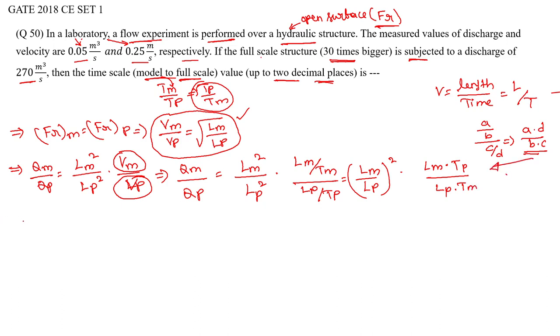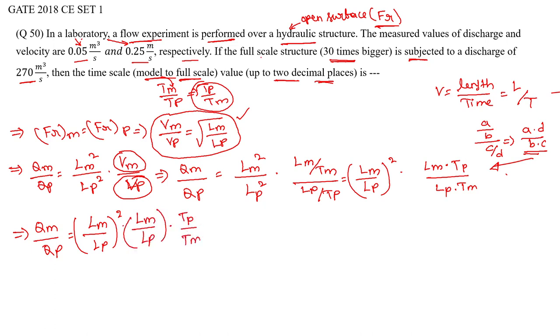So it can be written again as Qm by Qp equal to Lm by Lp whole square into Lm by Lp into Tp by Tm.